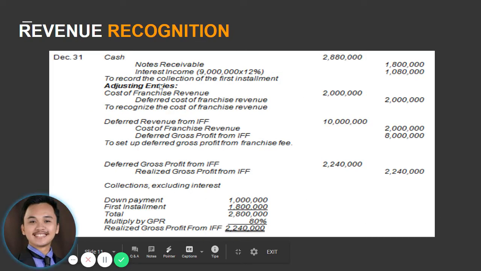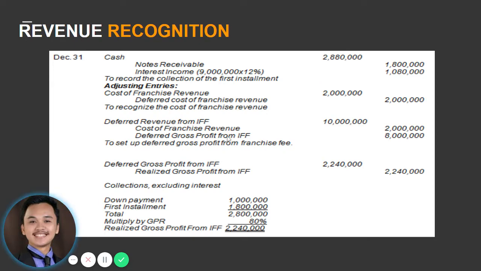Now, this time, we also have the same entries, no? Same entries on December 31 to recognize the receipt of the first payment of your installment from your notes receivable, which is 1.8 million, and your interest income of 1,080,000. So, debit cash for 2,880,000, credit notes receivable and interest income for 1.8 million and 1,080,000 respectively.